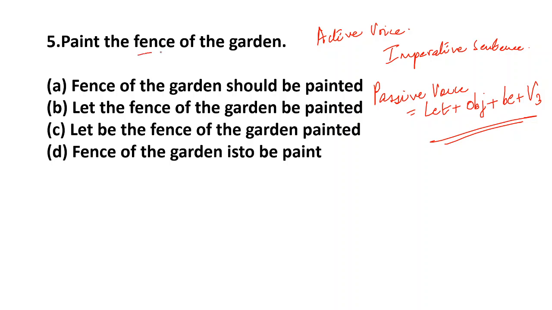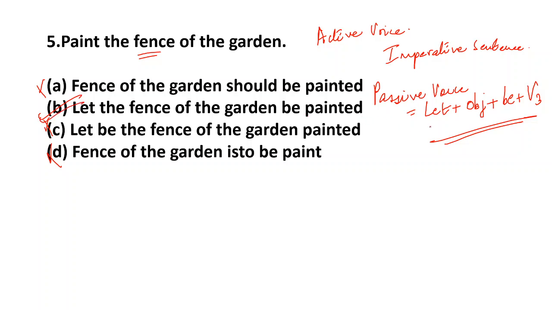So here you find out fence of the garden. I hope you are understanding what the fence is. Fence is the boundary. So the fence of the garden should be painted. Let the fence of the garden be painted. Let be the fence of the garden painted. Fence of the garden is to be painted. All these three sentences are wrong. Now this is the correct answer.